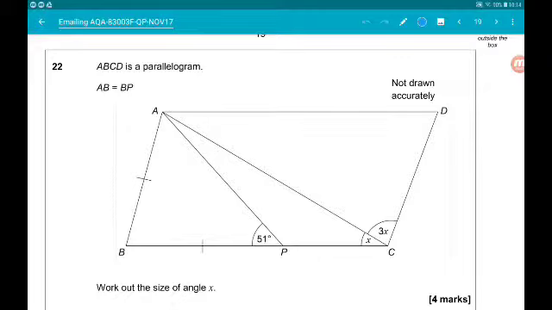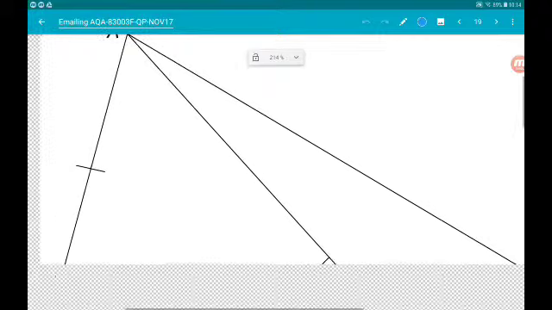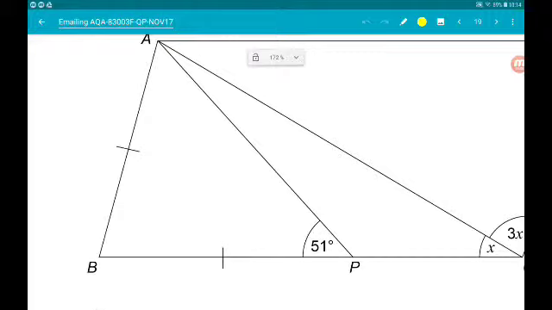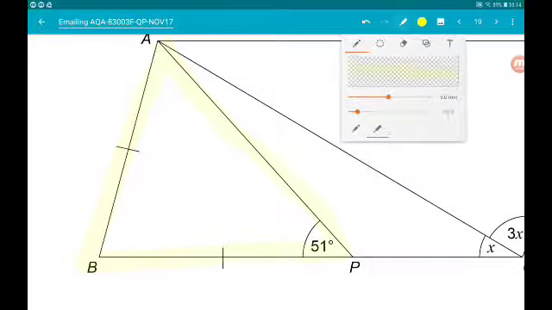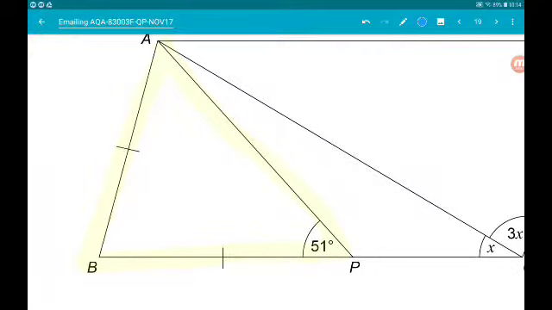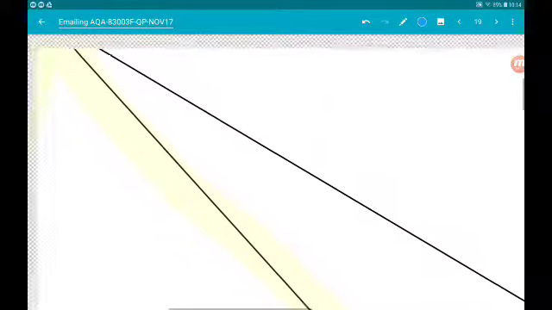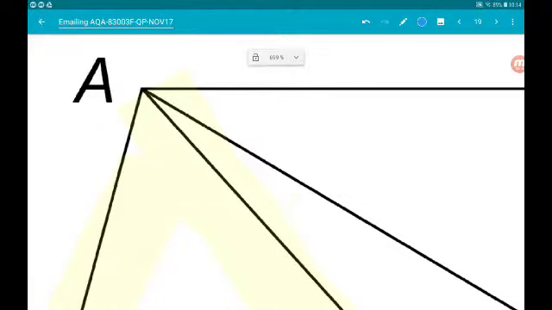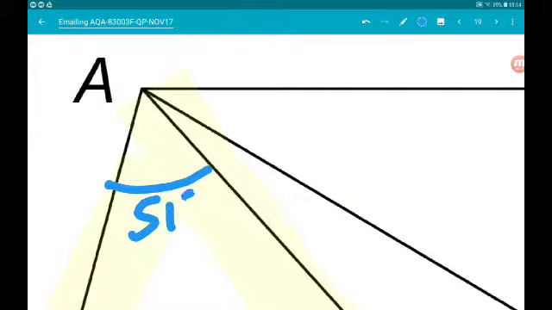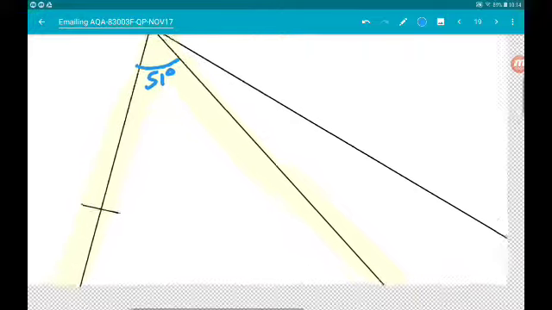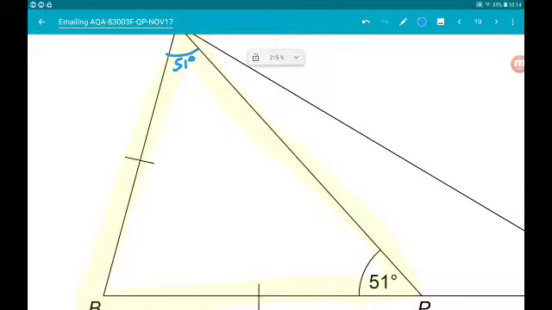So, starting over here on the left, we know this triangle, this guy, is isosceles because 2 lengths are the same. And that means if this angle down here is 51, then this angle up here is also 51.